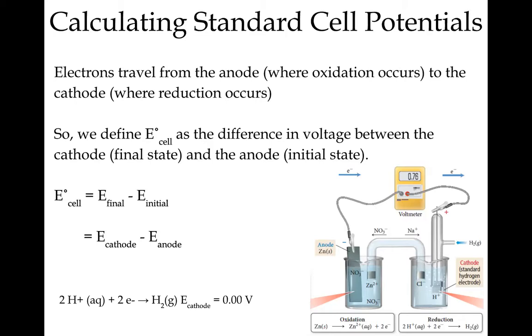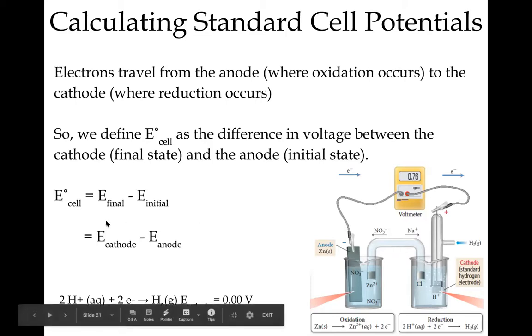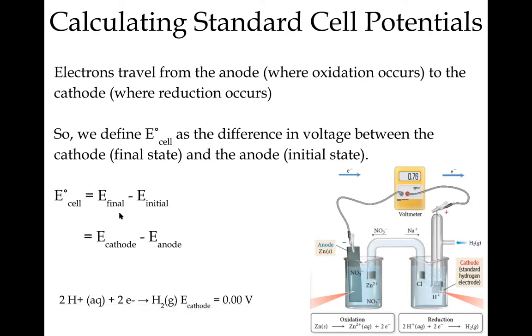So standard cell potential equals E final minus E initial, or another way of putting it, E cathode minus E anode.